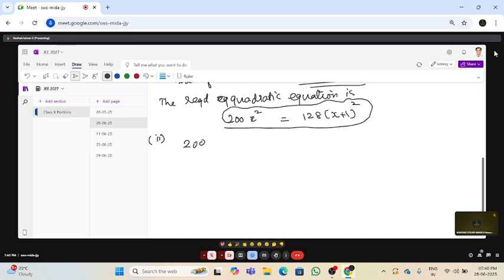What is the standard form? The standard form will be ax square plus bx plus c equal to 0. So you have to write that above expression in this form. So let us do that. 200 x square equal to 128 into x square plus 2x plus 1. Now we have to expand.